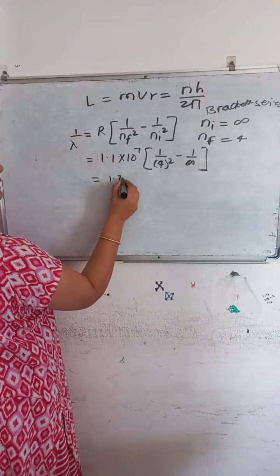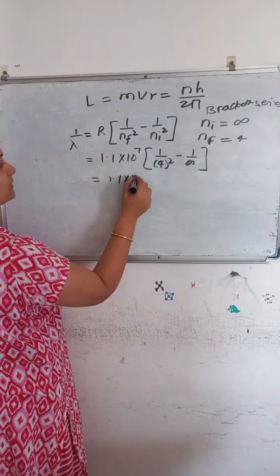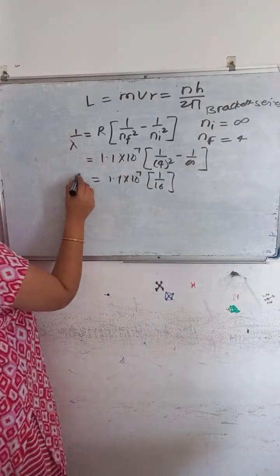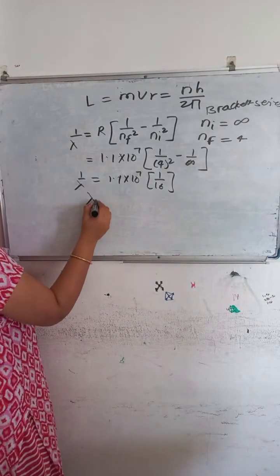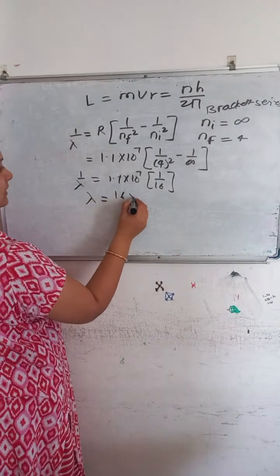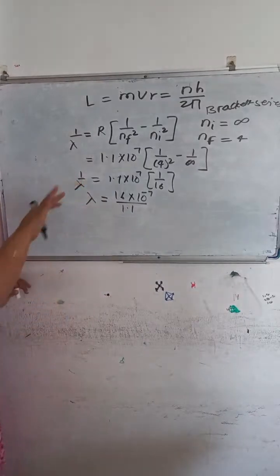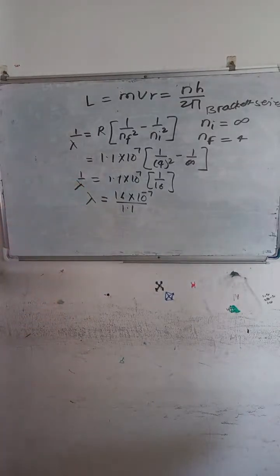So 1.1 into 10 raised to 7 and 1 by 16. The second term will become 0. This is 1 by lambda. If I want lambda, then 16 into 10 raised to minus 7 divided by 1.1. The reciprocal powers also get changed, so positive will become negative.